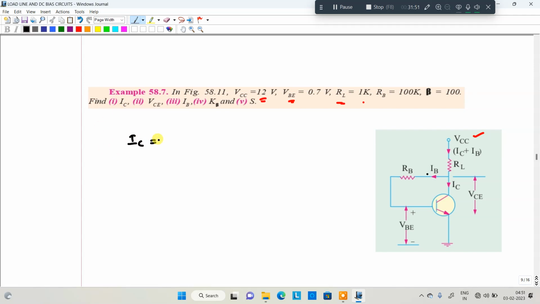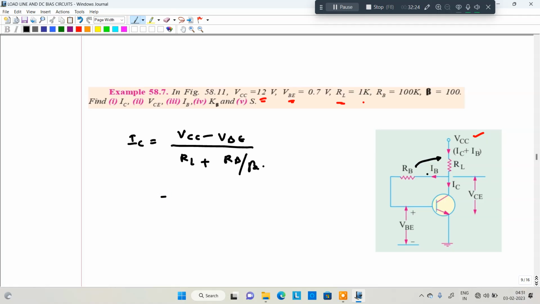They are asking about the collector current IC, which is VCC minus VBE, because VBE is mentioned, divided by RL plus RB referred to the collector, that is RB divided by beta.